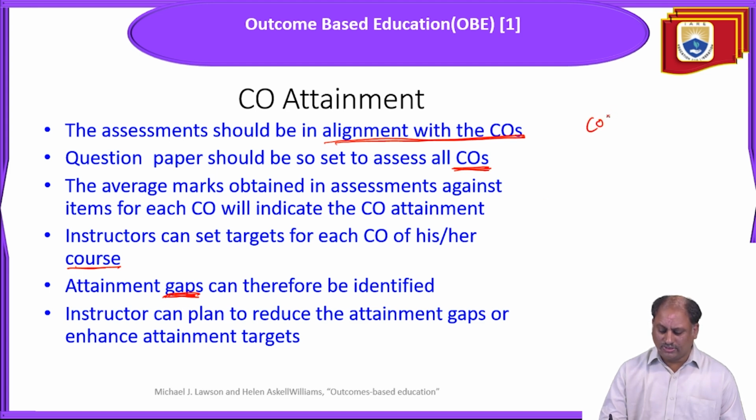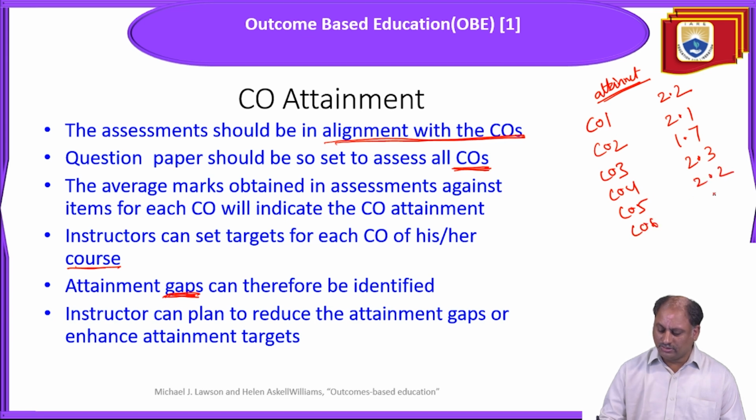So CO1 attainment, suppose it is at an attainment level of 2.2 that we have reached. Suppose CO2 reached 2.1, CO3 1.7, CO4 2.3, CO5 2.2, CO6 2.1. So these attainment levels are reached by CO1 and CO2, CO3 is not reached, and CO4, 5, 6 are reached. Why?